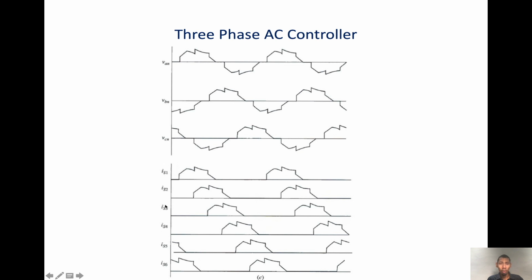So this tells you how many thyristors are on at that particular instant, so that you are able to plot according to the phase to line voltage or the phase voltage.